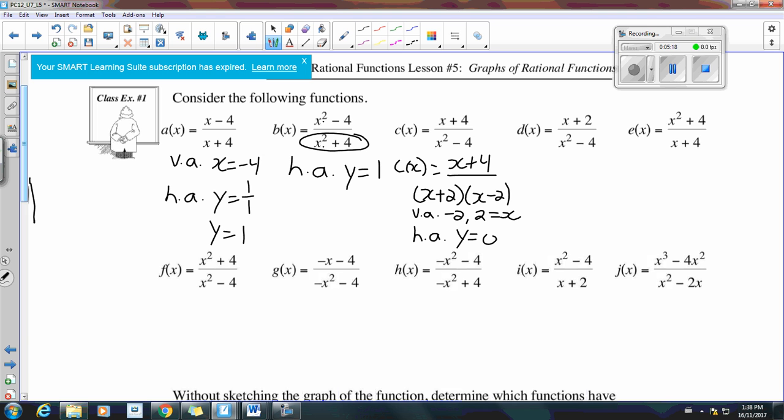D can be factored on the bottom. This time we can cancel something out. So we see that we would have a point of discontinuity at x equals -2. We have a vertical asymptote at x equals +2.